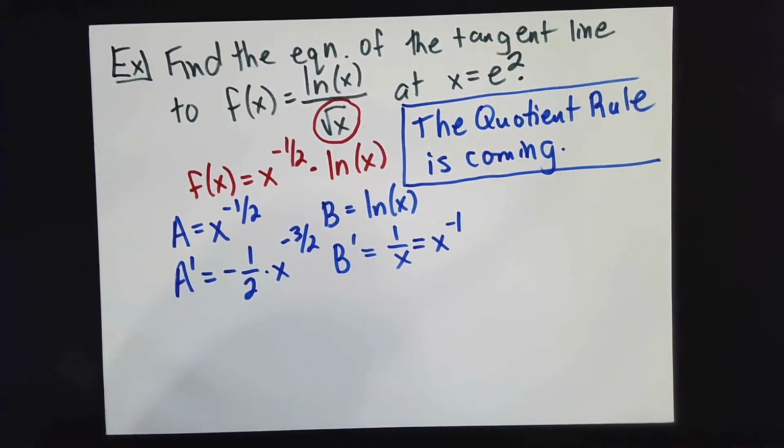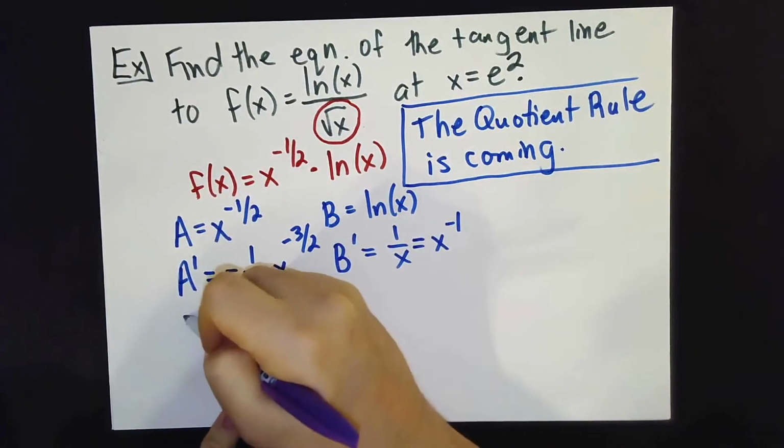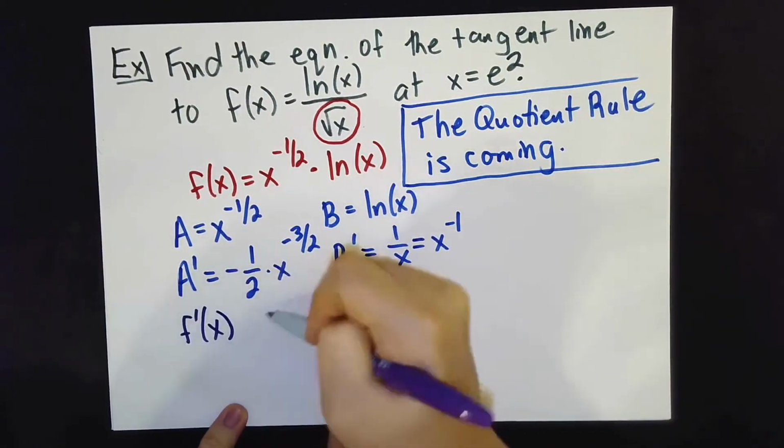Having completed our table of information about A and B, we can go ahead and write down f prime.